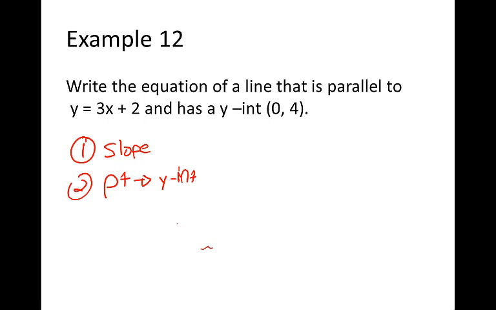So, am I given the slope? Not explicitly, but my line's parallel to this line. So if I find the slope of this line, I will necessarily have the slope of my line. What's the slope of this line? 3. So what's the slope of my line? 3. Good. So the equation of my line is y equals 3x plus 4. That's its y-intercept.